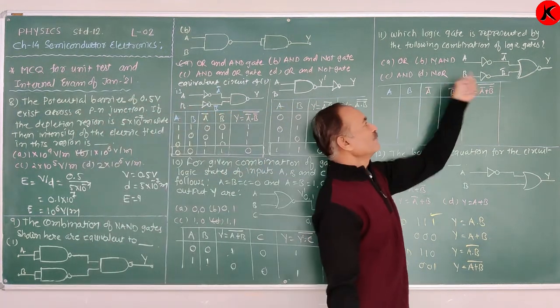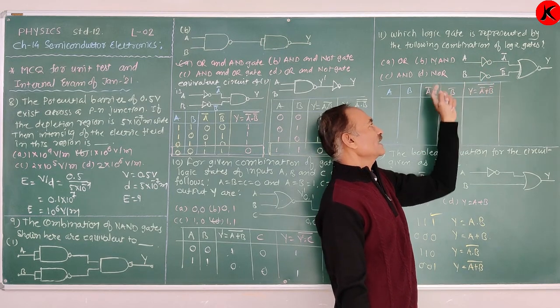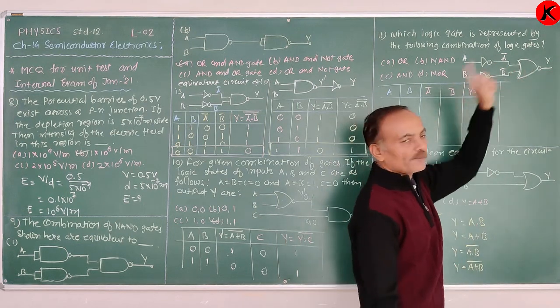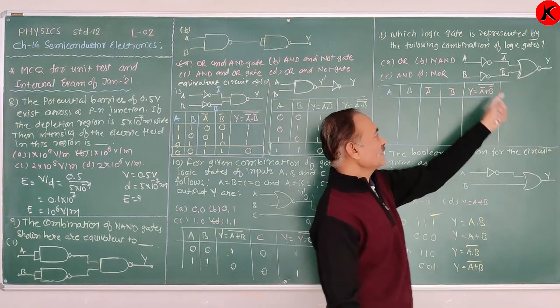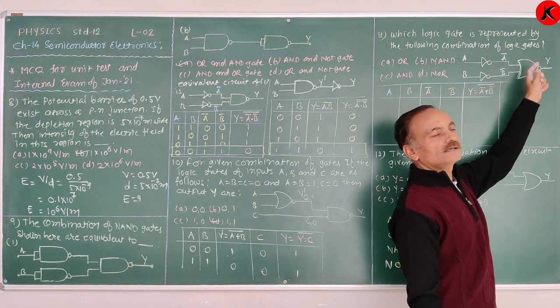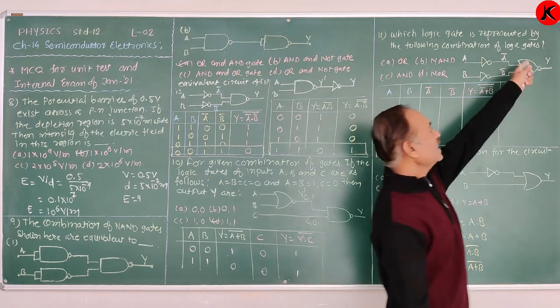Again, the A, B are the input. Output of the first NOT gate is A bar. Output of the second NOT gate is B bar. This A bar and B bar is given as the input of NOR gate. For NOR gate, the Boolean equation is A bar plus B bar whole bar. That is the NOR gate.